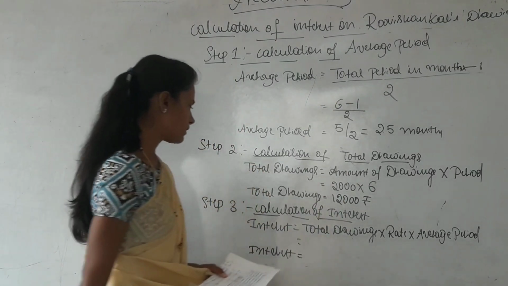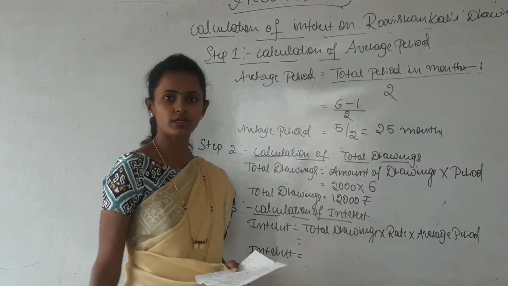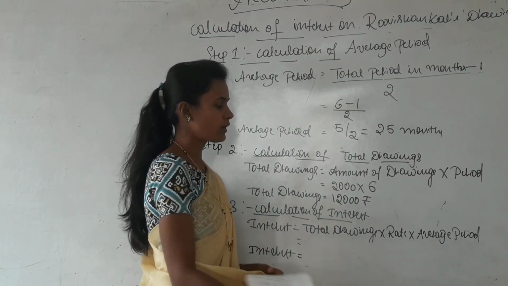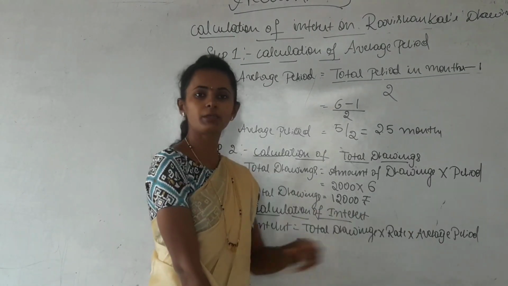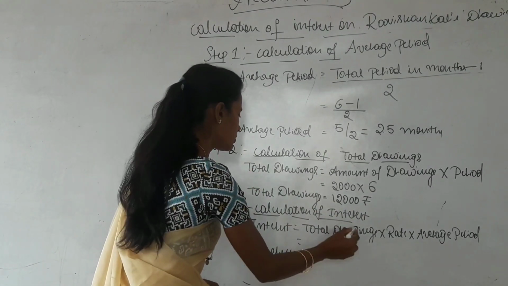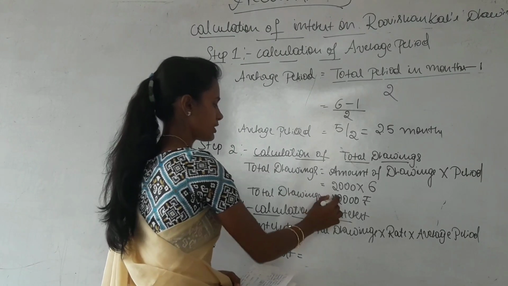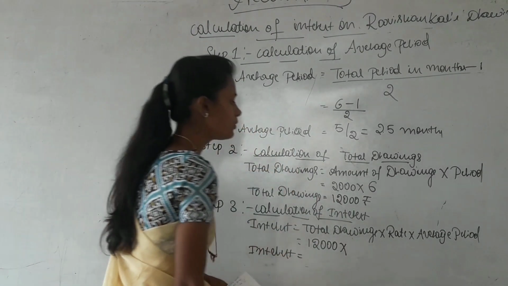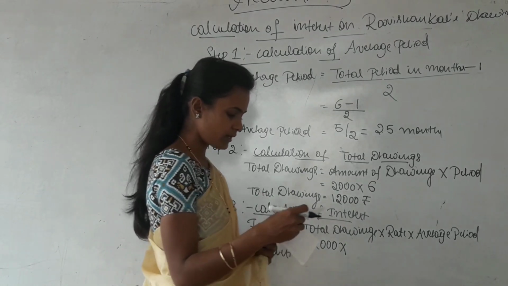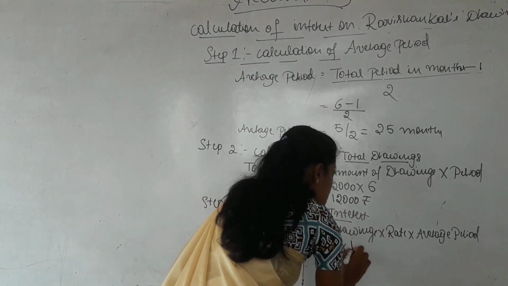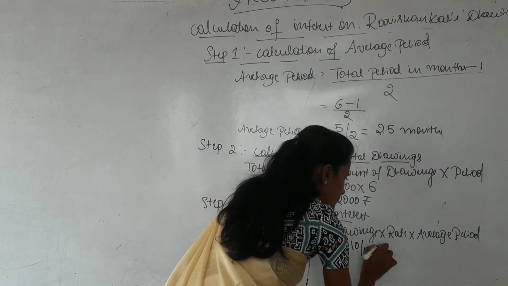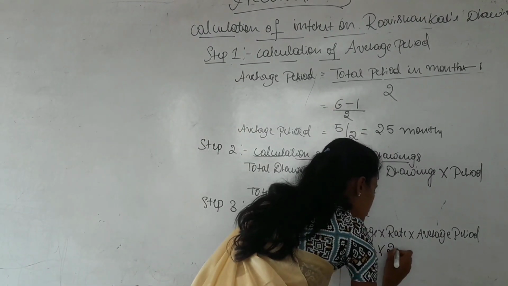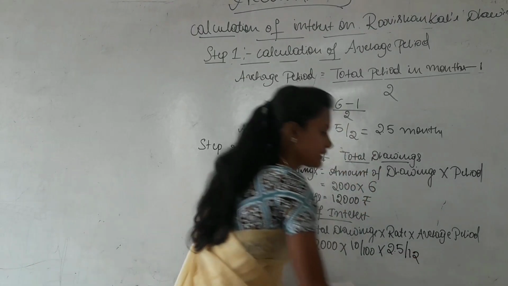Again in the third step we need to calculate our interest. To calculate our interest we have a formula here, that is total drawings into rate into average period. Total drawings is what we got in step 2, that is 12,000, into rate that is given in the problem, that is 10%, that is 10 divided by 100, into average period which we calculated as 2.5, that is 2.5 months in a year.